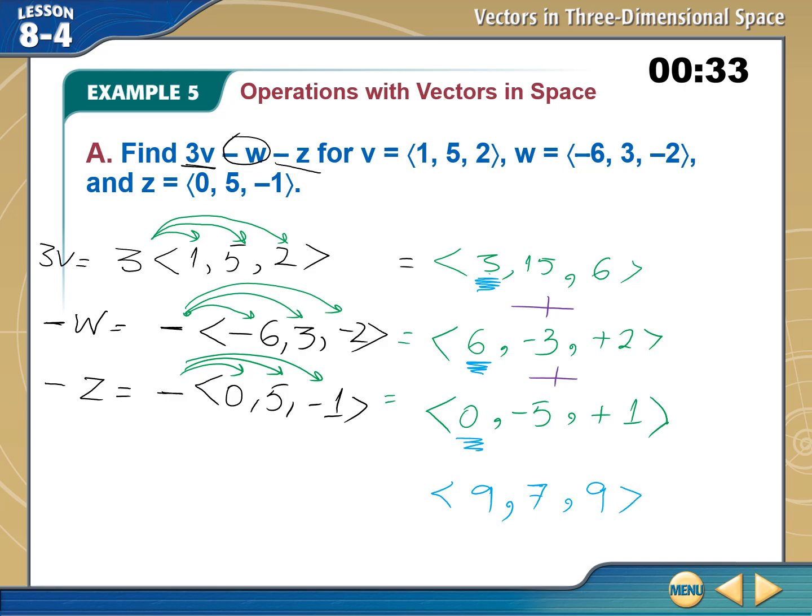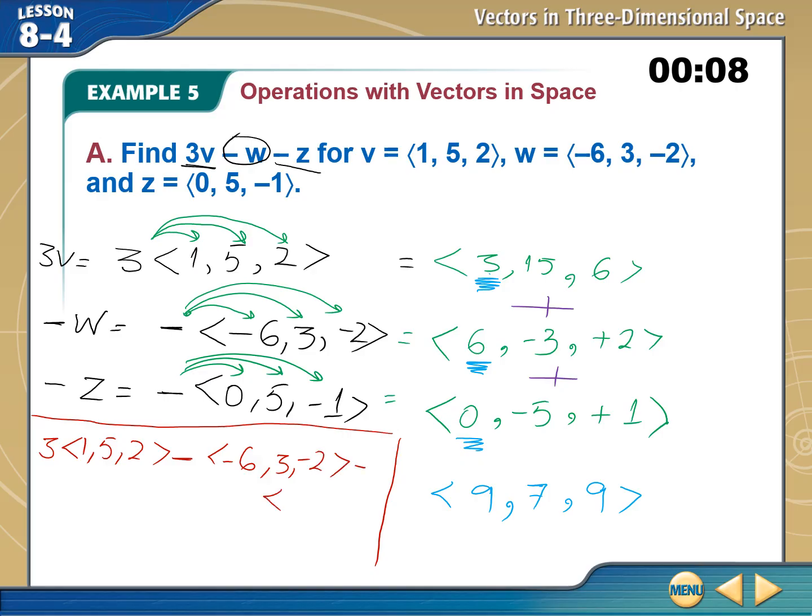Now sometimes students, rather than doing it like that, do it the other way. So let me show you the other way so you don't get confused. Whatever method you like, you can use it. You write the 3, v is 1, 5 and 2. Then minus, and w is negative 6, 3 and negative 2.